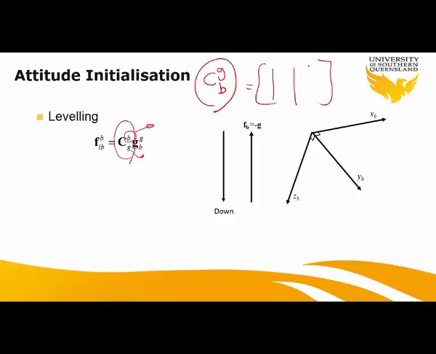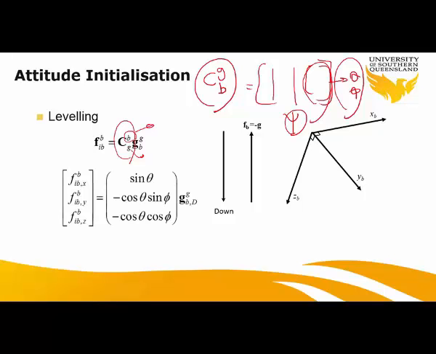It was 3 columns, we are only using the last column. The reason for that is we are only considering the pitch and roll, which is phi and theta. Good. So we don't consider the heading yet. We want to solve for these two.